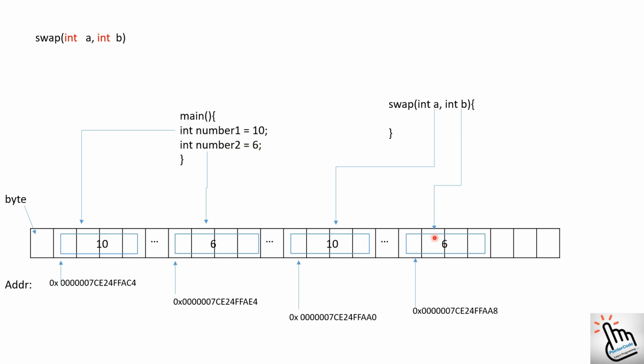The swap function only swaps the content of the copies. So that's why after returning from swap, number 1 and number 2 still keep their values. We cannot swap the values of number 1 and number 2 by calling the swap function.